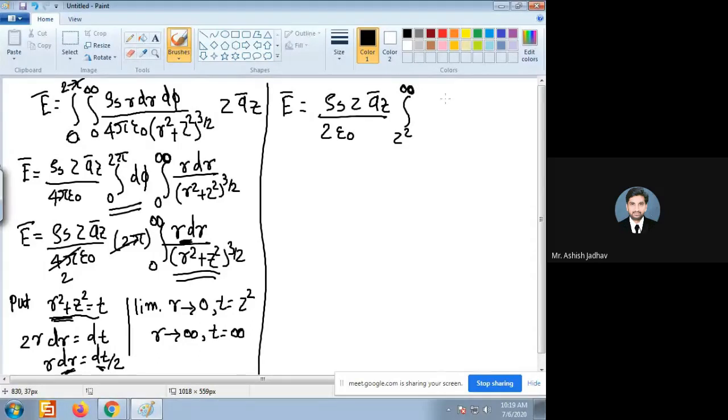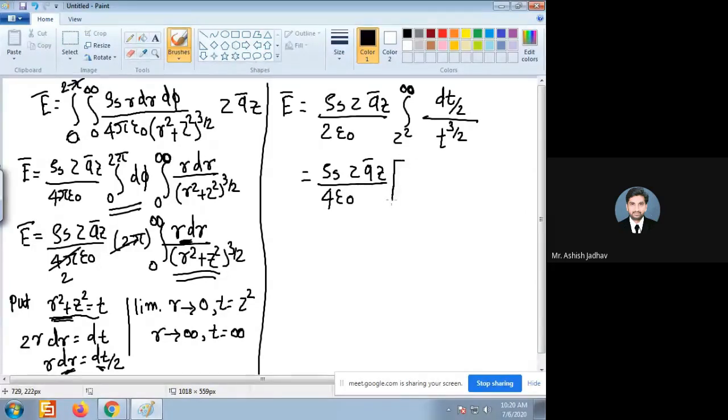In the numerator dt by 2, in the denominator we have t raised to 3 by 2. Now this 1 by 2, I'm going to take it outside. So this is going to be 1 by 4, so rho s z a bar z upon 4 epsilon naught.